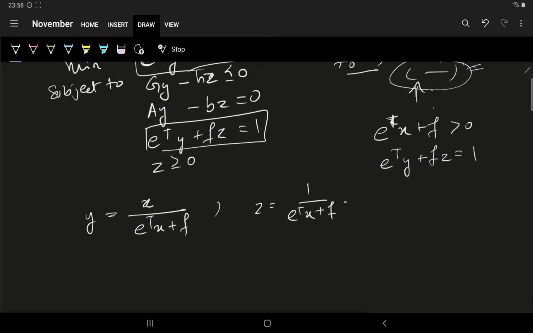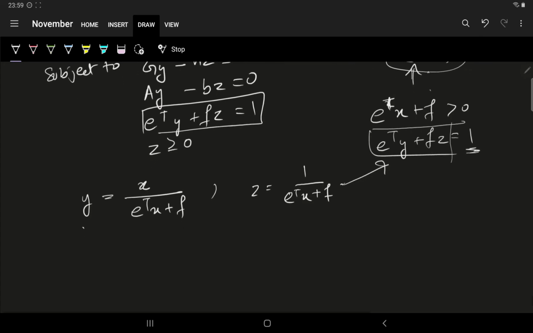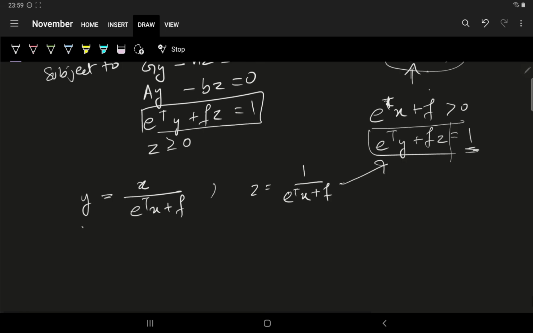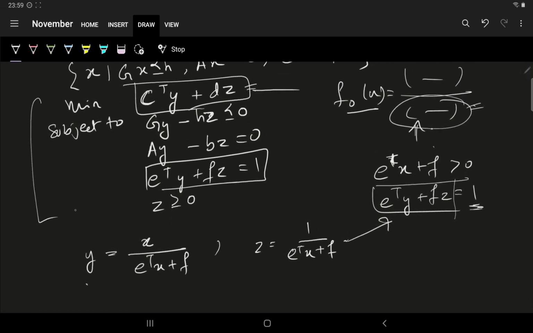Then we can see immediately that putting these values in this will lead us to the value equal to 1. And this indeed is of the form of a linear program.